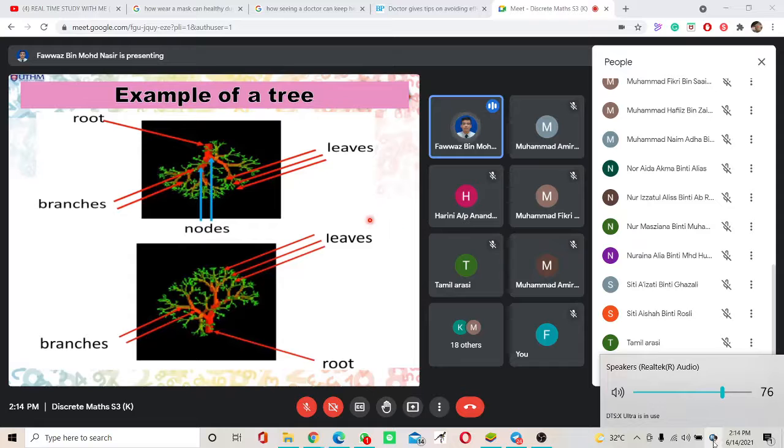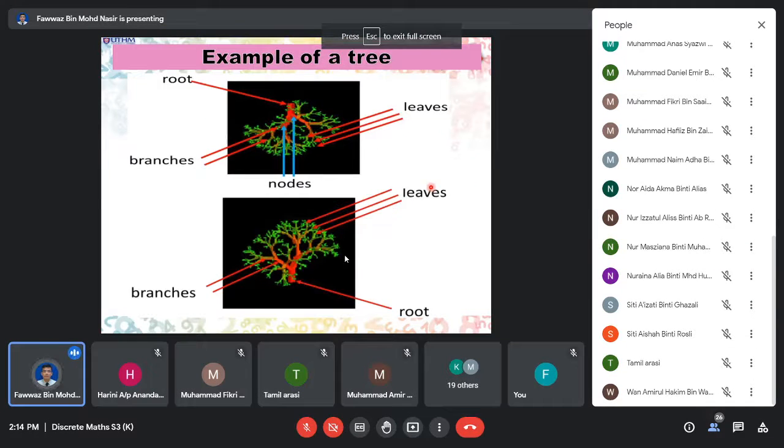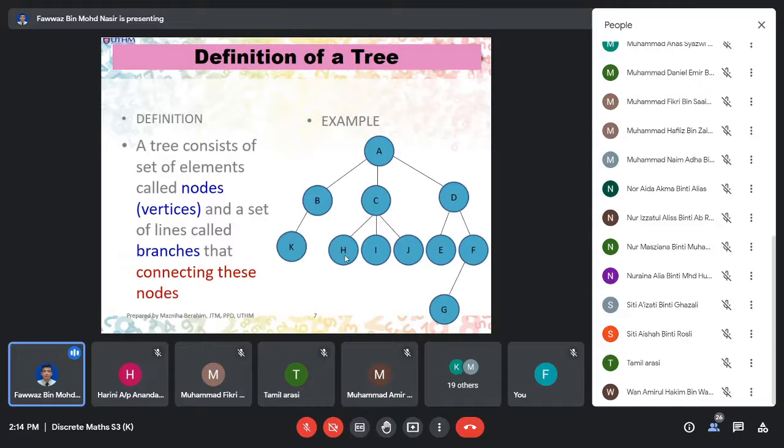Okay, so branch tu basically dia akan hubungkan node-node yang ada di dalam tree dengan root. Okay, so basically a tree consists of a set of elements called nodes or vertices and a set of lines called branches that connects these nodes. Okay, so a tree is also a graph, but not all graphs are trees.